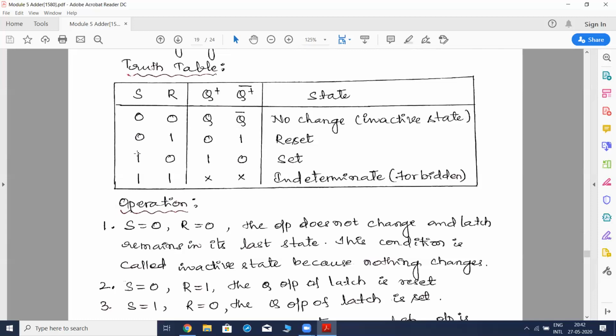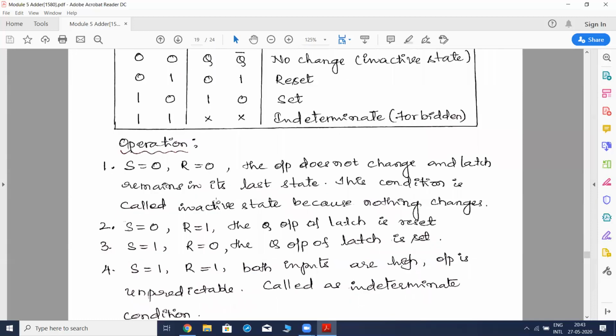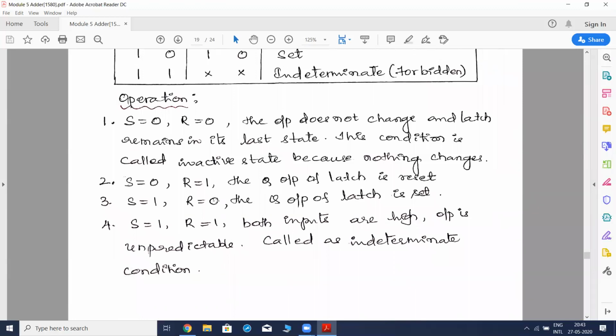So remember it in this manner: when S is 1, we are getting Q as 1, so this state is called set. When S is 0, we are getting Q as 0, so that state is called the reset state. When both are 0, 0, it is called the no change state. When both are equal to 1, it is called the indeterminate state.